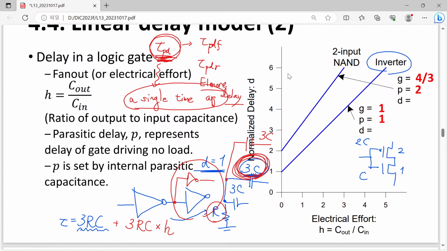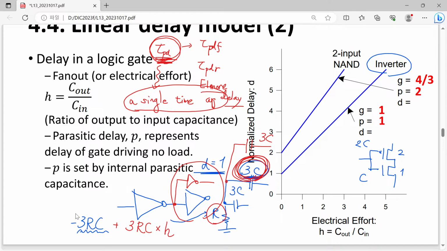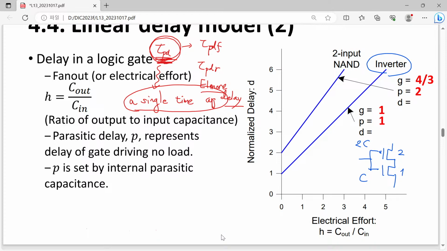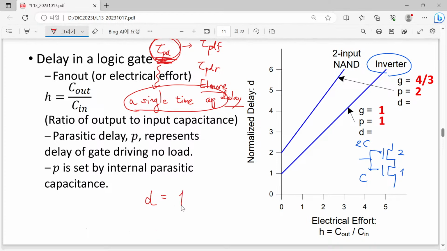So now you understand this tau is not that exact, but it is a good approximation for our purposes. When we consider normalized D in this inverter case, it can be written as 1 plus H. It means that we have a leading coefficient of H, and this corresponds to parasitic delay, and this term corresponds to effort delay.